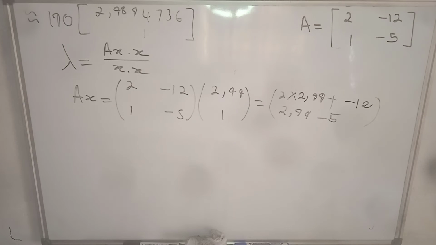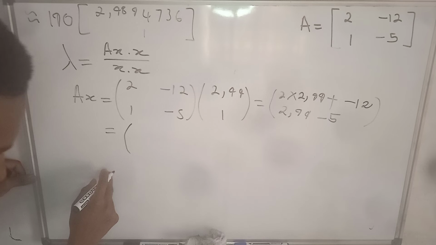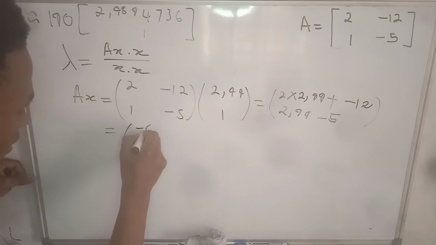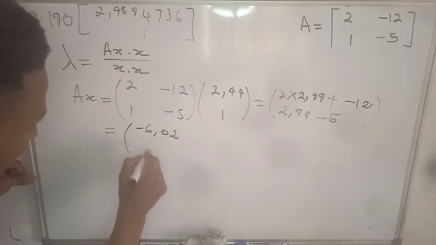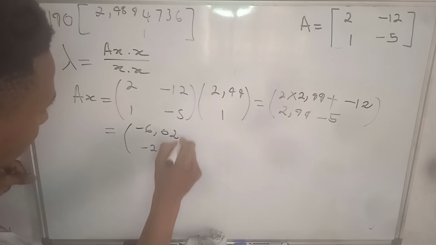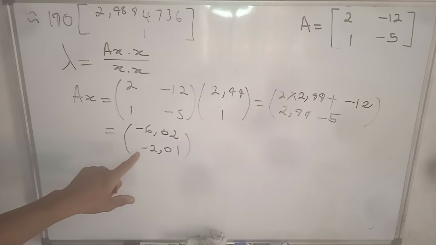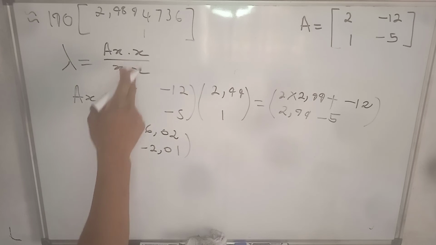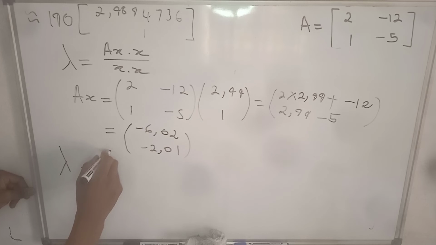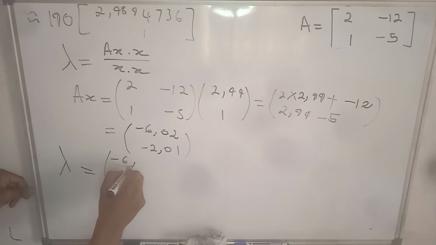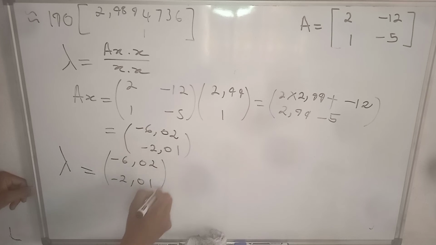If you punch that on your calculator, you're going to get something like minus 6.02 and minus 2.01. So we found it, and we can substitute in our equation. So it will be minus 6.02, minus 2.01. So this is what we found.